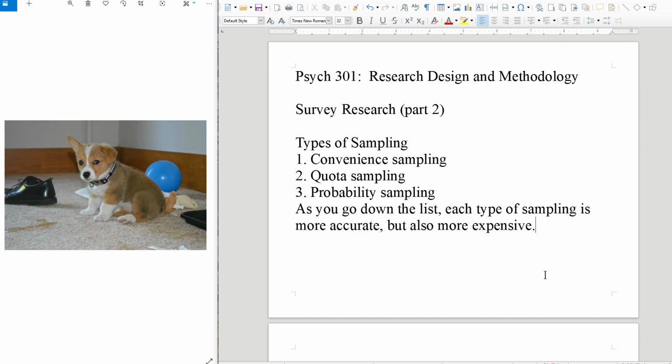And the reality is, most of the surveys that are done in the world are probably convenience samples, and I don't think there's anything really wrong with that as long as you understand the potential problems with convenience samples. So yes, absolutely, if you are doing a survey on who's going to win the presidential election for Time magazine, you ought to be using probability sampling, because it's important to be very accurate under those circumstances.